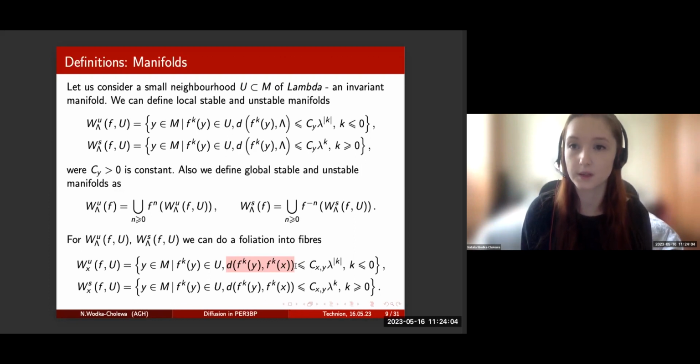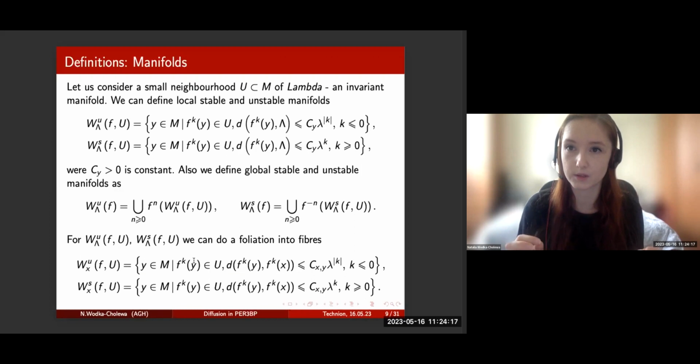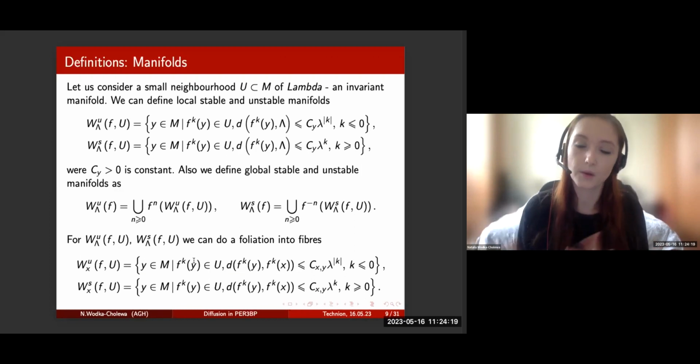So all the points that after the iteration will be close to this. So it's a foliation by the lambda. You can think about it like you divide it into some points that are close backward in time, or forward in time.